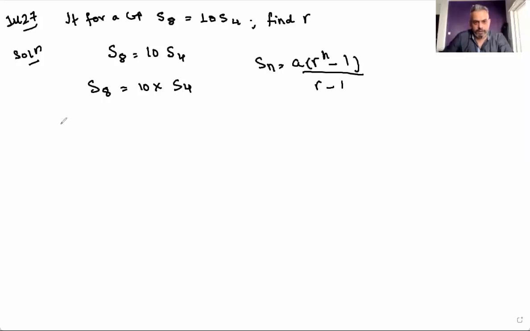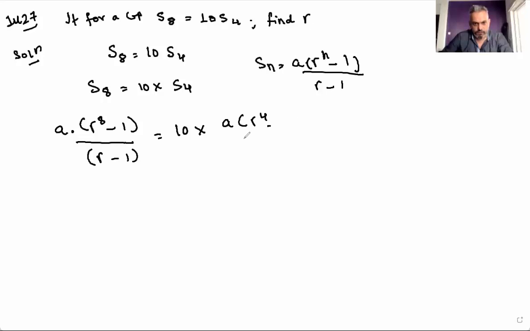So S8 will be A into R raised to 8 minus 1 upon R minus 1 is equal to 10 into S4, A into R raised to 4 minus 1 upon R minus 1.